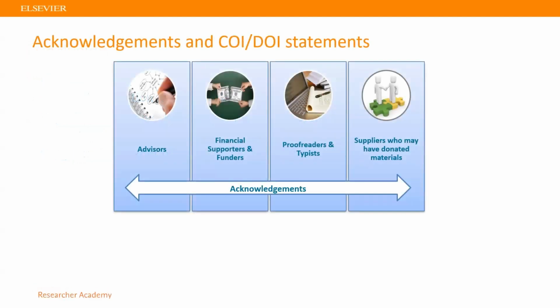Then we get into acknowledgments. Of course, we want to thank everybody that was possibly supporting you, obviously your advisors, maybe people that financially supported you, funded your research, funding bodies, proofreaders, and also suppliers that maybe had donated or sent you any type of materials, reagents, once again, and so forth to use.